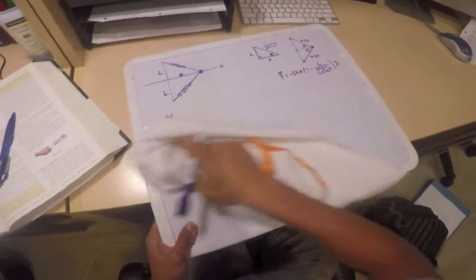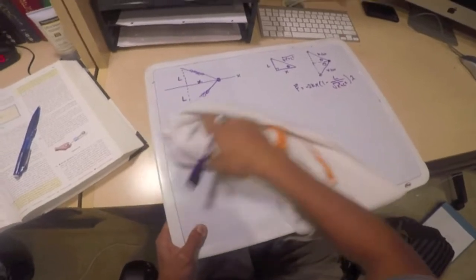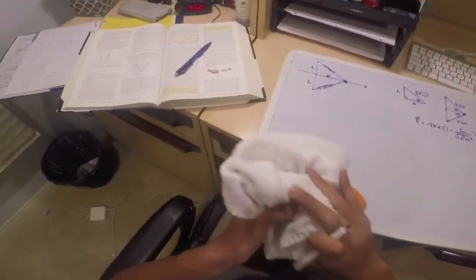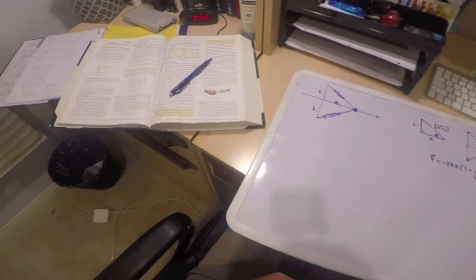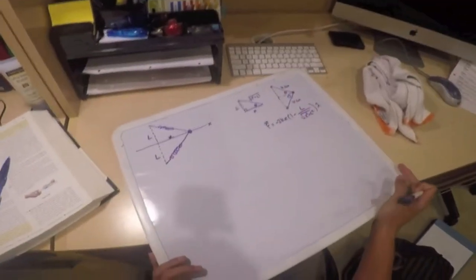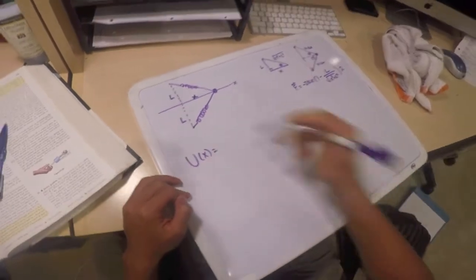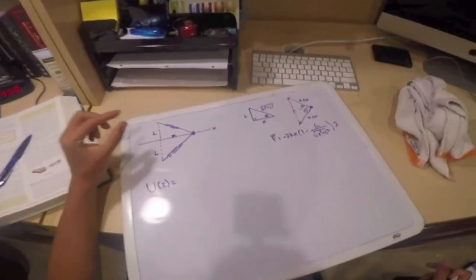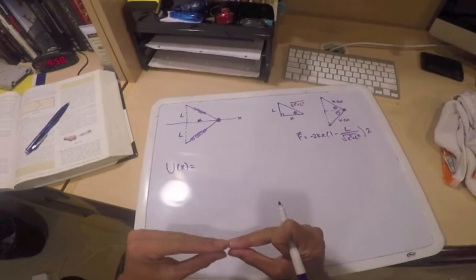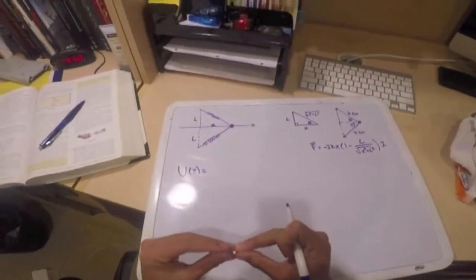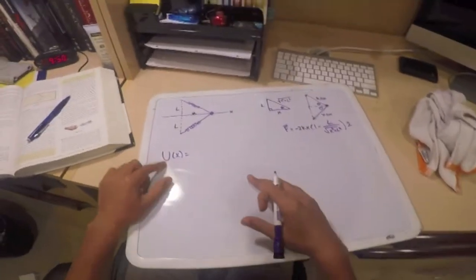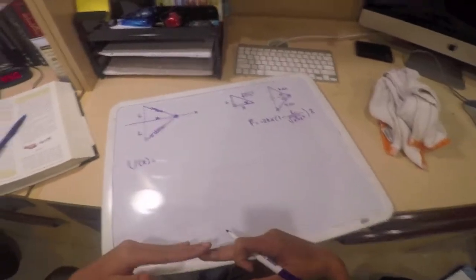Our next step is to find the potential energy of the system. So the potential energy, the stored energy, can be given by, so originally the springs are not taut at all, so there's no potential energy. So all of our potential energy is going to come from these springs.